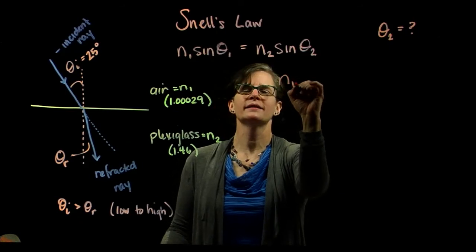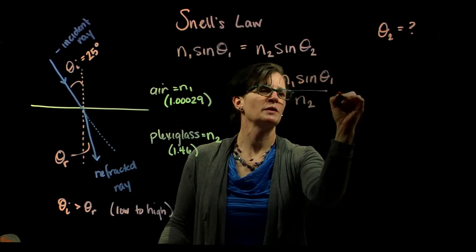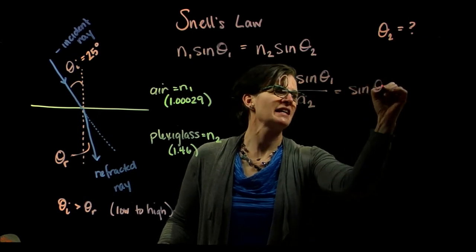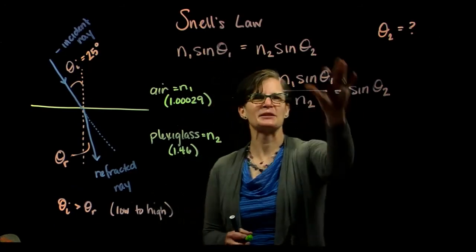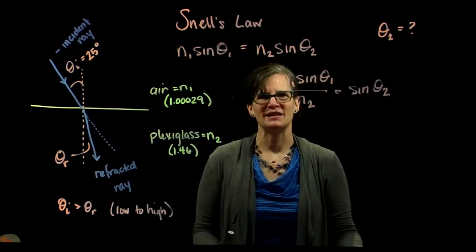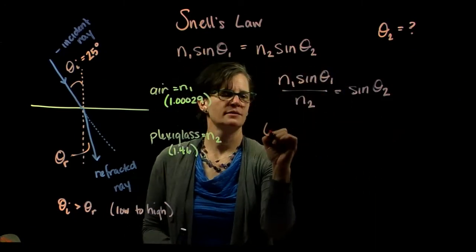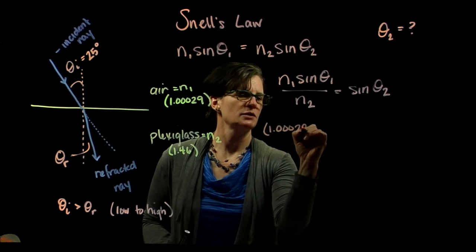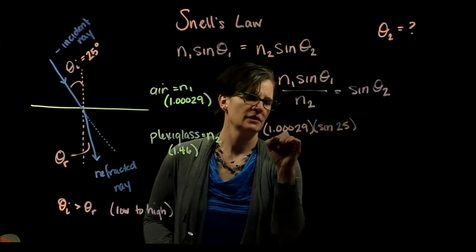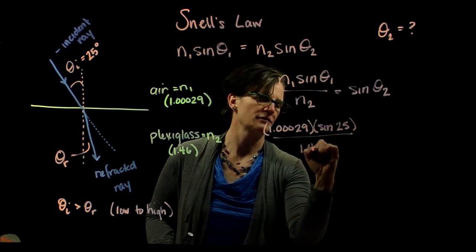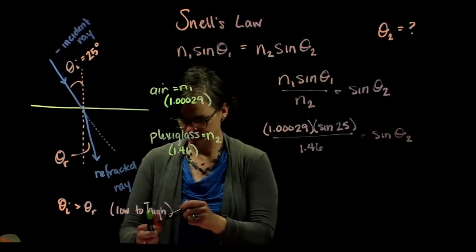We have n1 sine of theta 1 all over n2 is going to give me the sine of theta 2. And then we can take the inverse sine to get that. But before we do that, let's look at this relationship. So n1, 1.00029 times the sine of 25 degrees, all divided by 1.46, is going to equal the sine of angle 2.